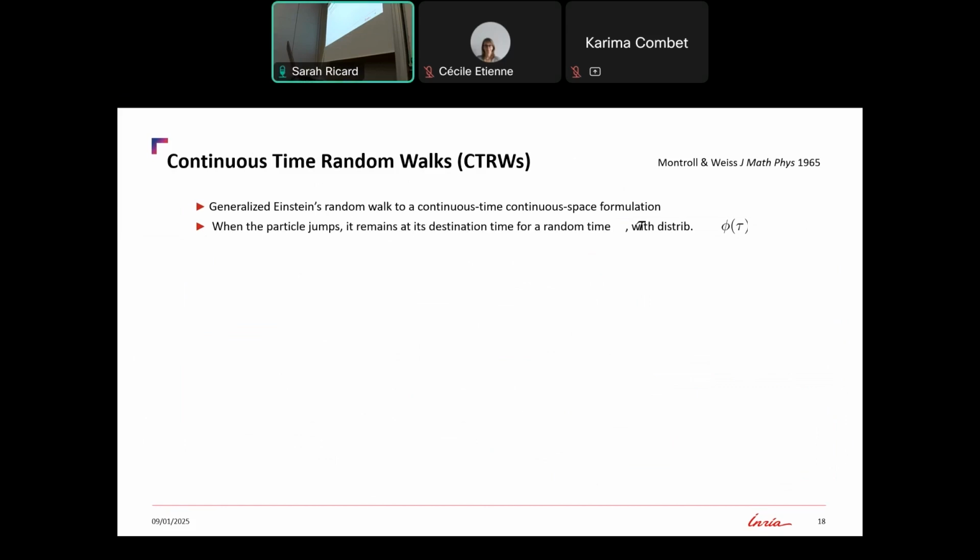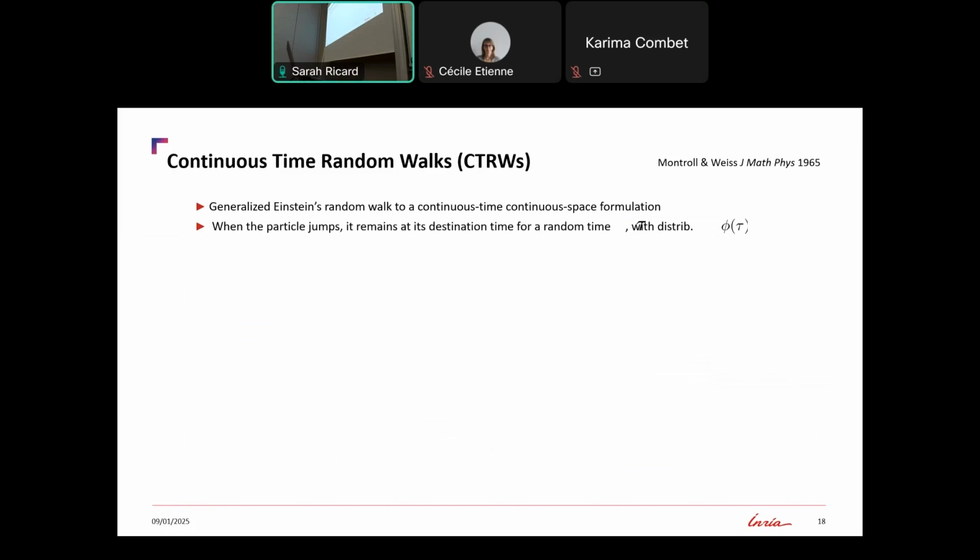It's not tau at each time. So the jump time now is a random time tau with some distribution phi of tau, right? That means, again, the same model as Einstein before, except that now when I jump, I remain for a time tau that is taken from a random sample of the distribution phi. But that's the only difference.